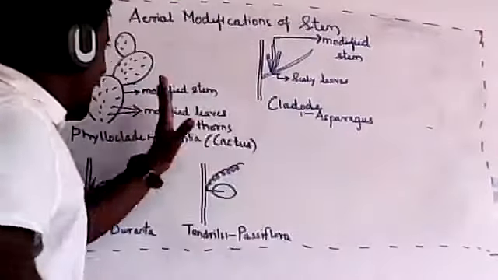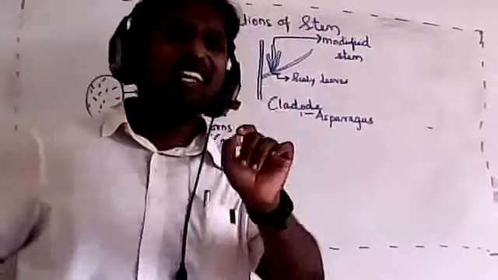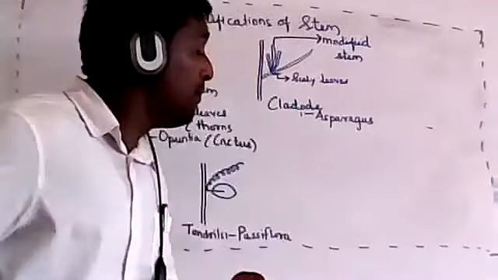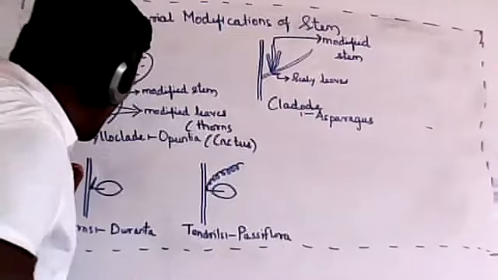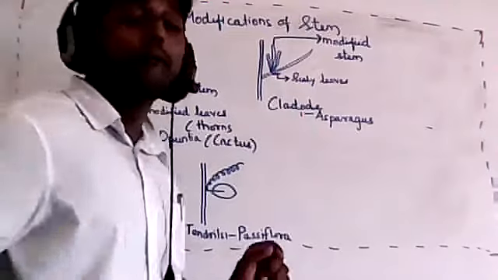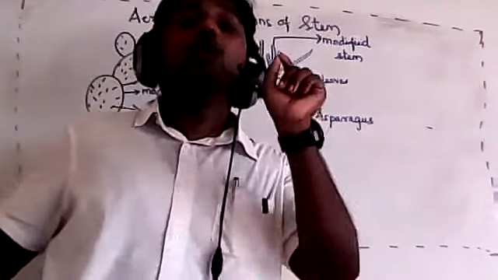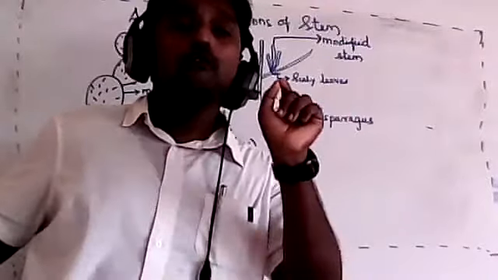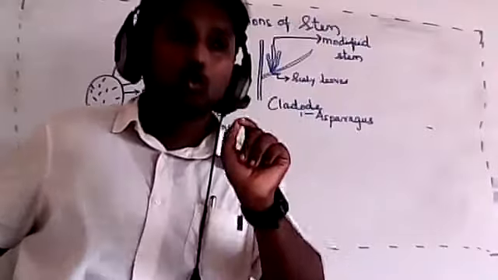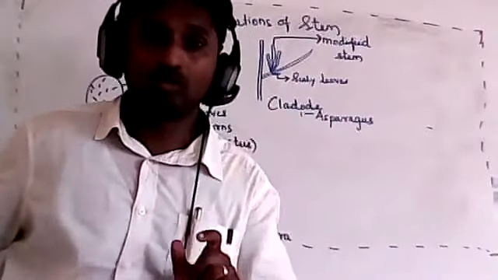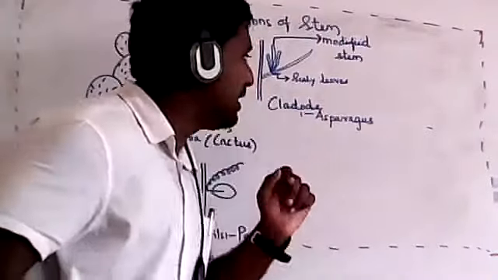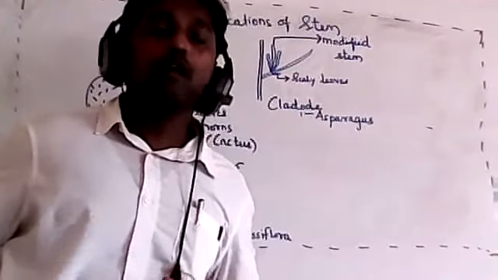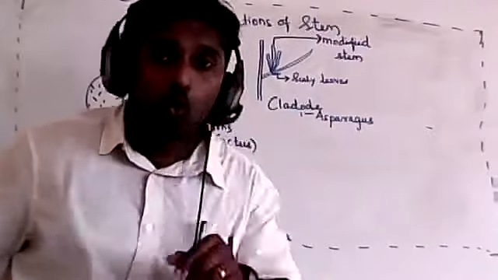It is almost the same, but the main difference is, in the case of phylloclade there are many nodes and internodes, and each node will give rise to thorns. But in this type of modification, there is only a single internode.